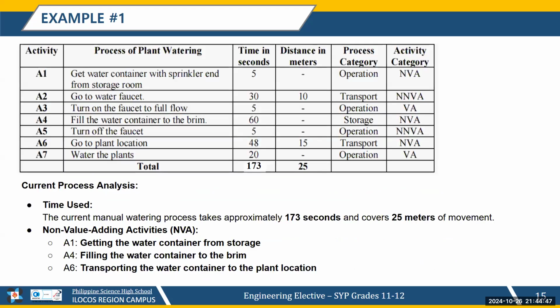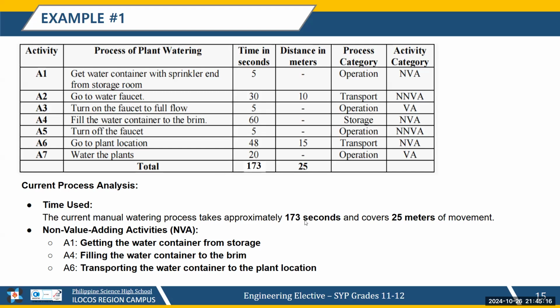Okay, so we have identified the category and classification of A1 to A7 based on the process map symbol and based on value classification. Okay, so for our current process analysis, the total time used for the manual watering process took us approximately 173 seconds.